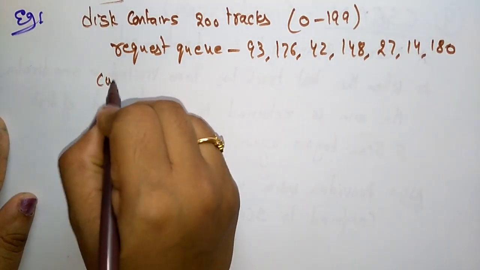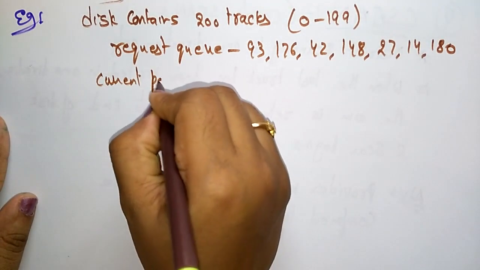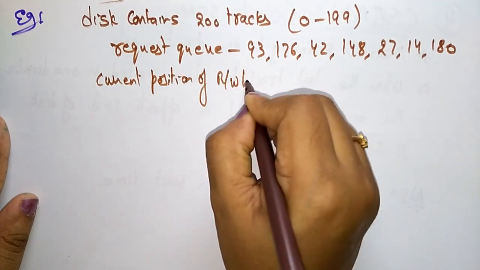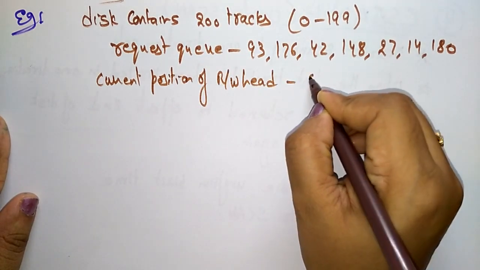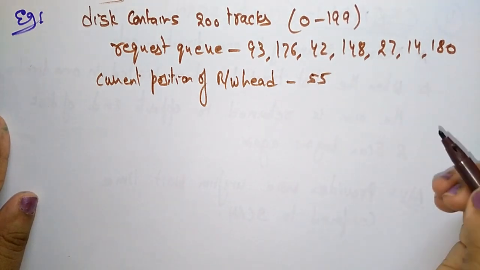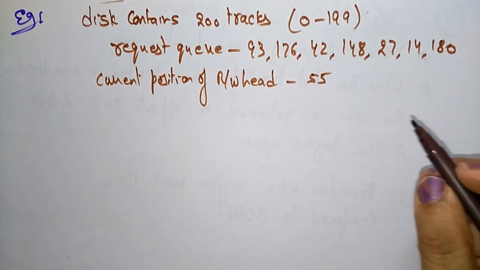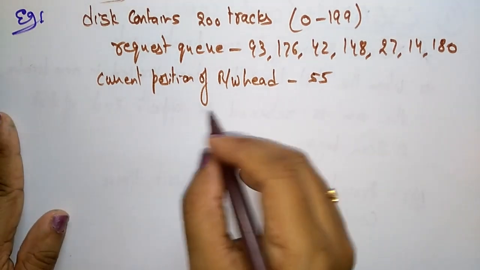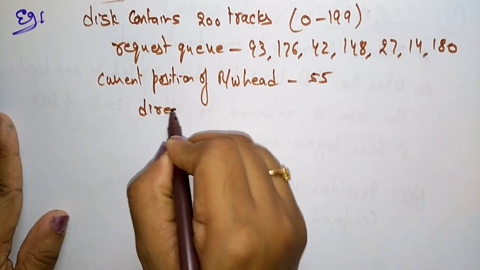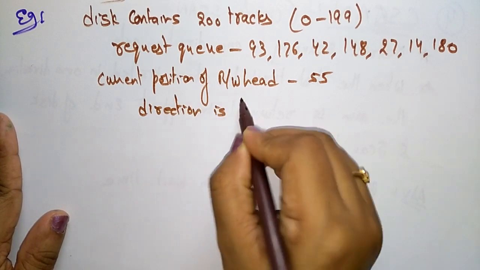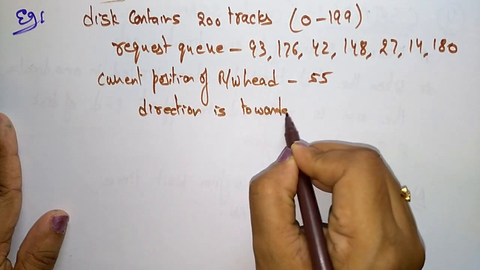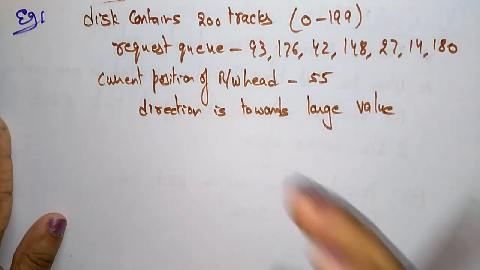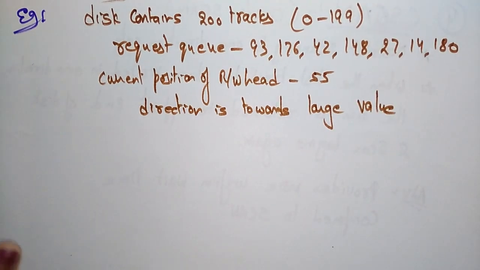The current position of the read-write head, that is the arm position, is 55. I have to calculate the total number of track movements by the read-write head using C-SCAN. The direction here I am taking is towards large values. Only for SCAN and C-SCAN does the direction have to be mentioned.